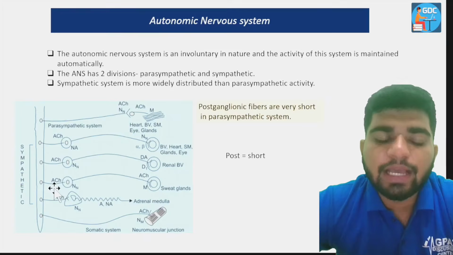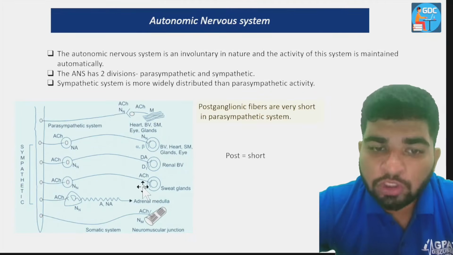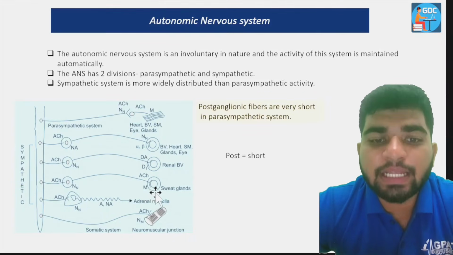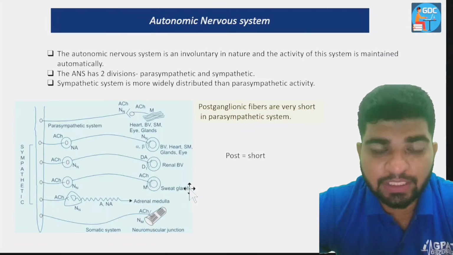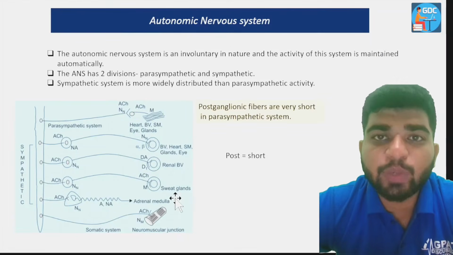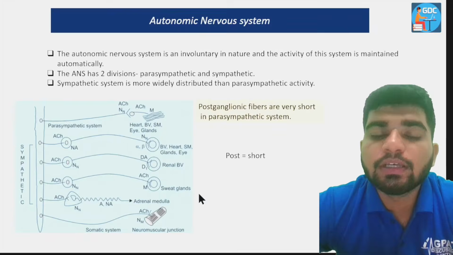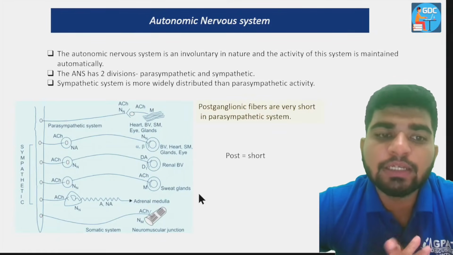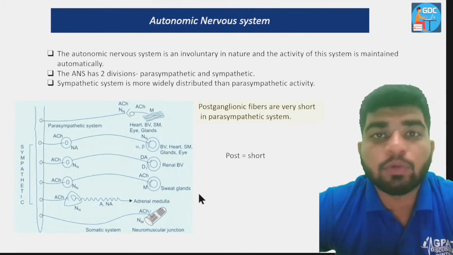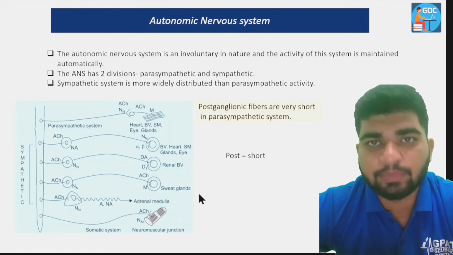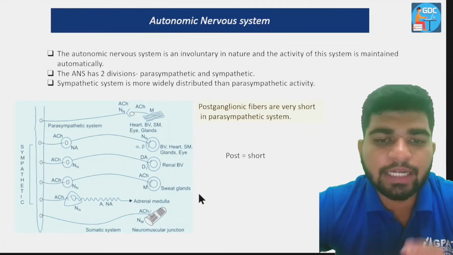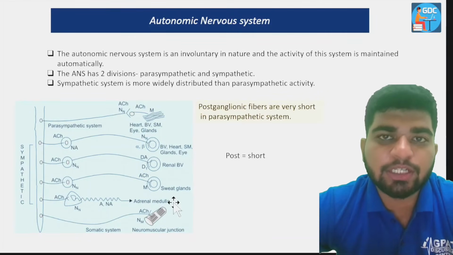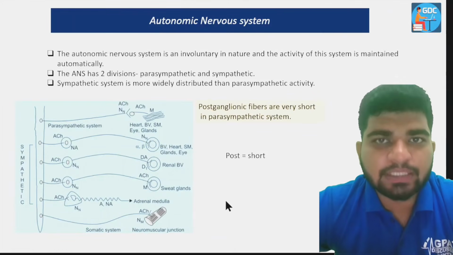Then acetylcholine also acts on the muscarinic receptors of sweat glands. What do sweat glands do? Sweat glands secrete sweat, and this comes under the sympathetic nervous system, not the parasympathetic nervous system. It should be noted that sweating comes under the sympathetic condition.